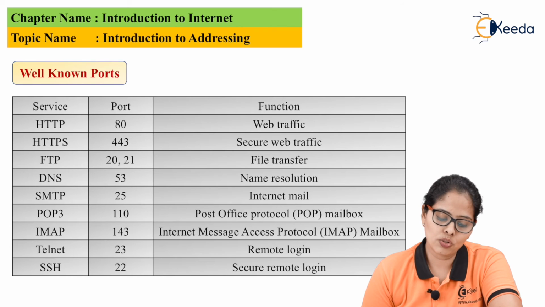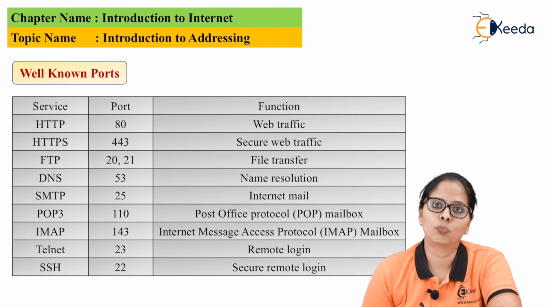The FTP protocol uses port numbers 20 and 21. DNS uses port number 53. SMTP uses port number 25. POP3 uses port number 110. Telnet uses port number 23, whereas SSH uses port number 22. These are examples of well-known ports.